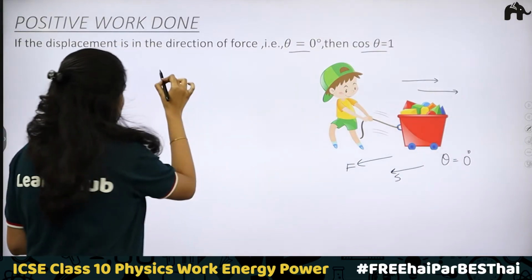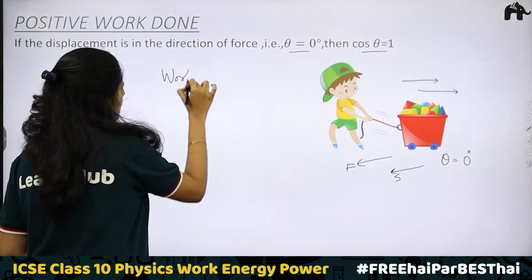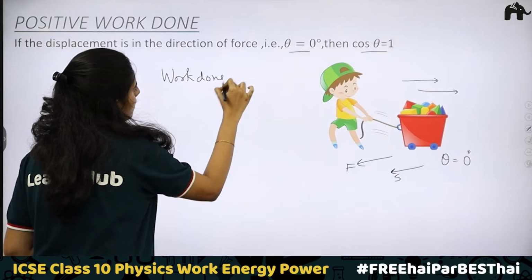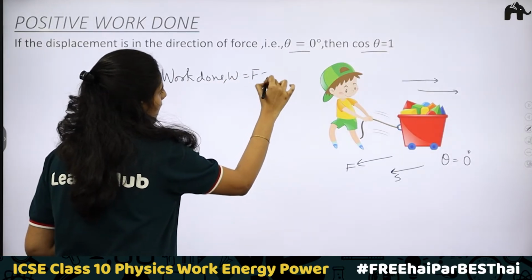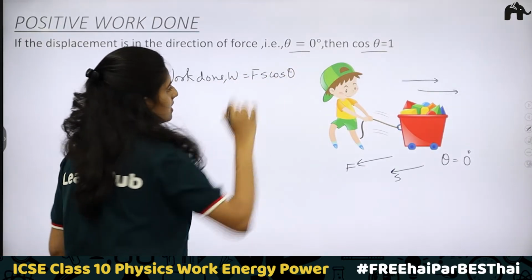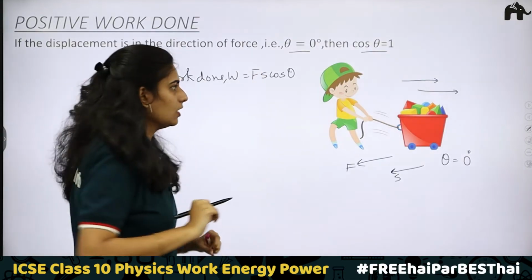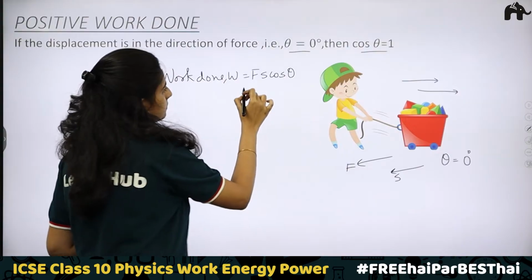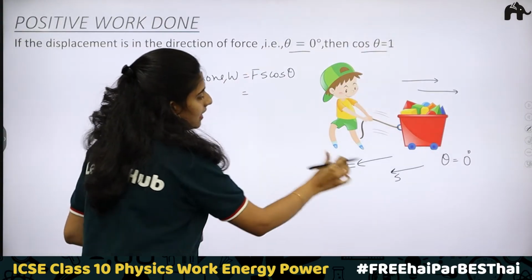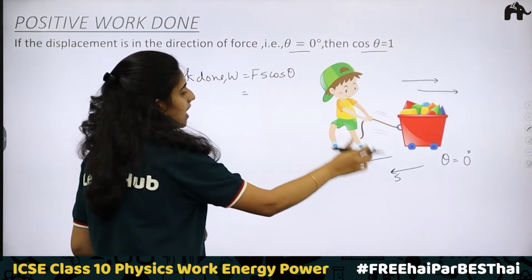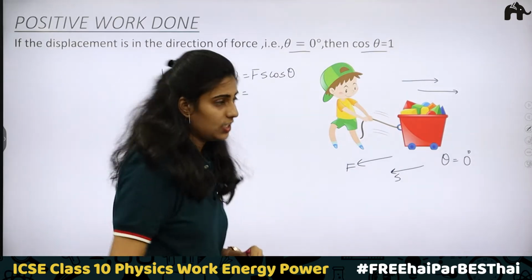We have the expression work done W is equal to Fs cos theta, where theta is the angle between force and displacement. Now, here force and displacement are parallel to each other.